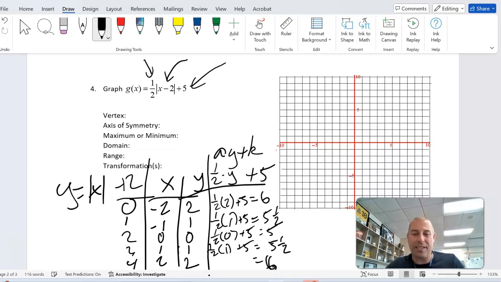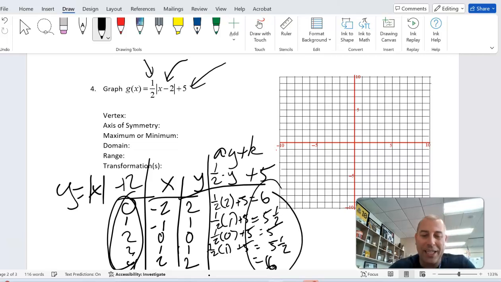Let's watch what happens to the graph. So I'm graphing my new x's, my new y's. So it's the ordered pair 0, 6. So 0, 6. There you are. The ordered pair 1, 5.5. Going to the right 1, going up 5.5. All right. 2, 5.